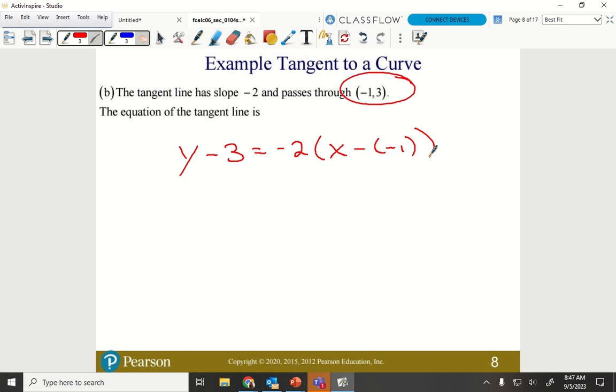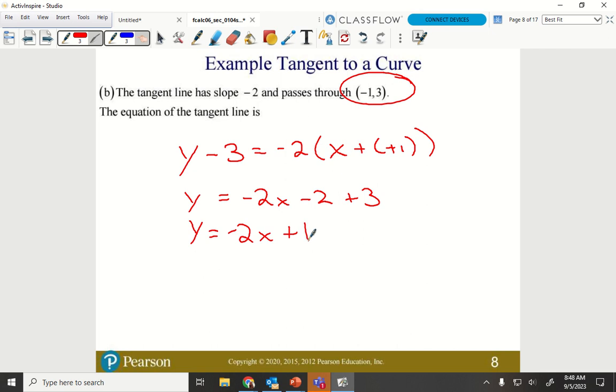So there it is using the point slope formula. I could just leave it like that, or I could plug it in also. So let me see, y. Let's move this over here. So it's -2x minus 2 plus 3. Y equals -2x plus 1.